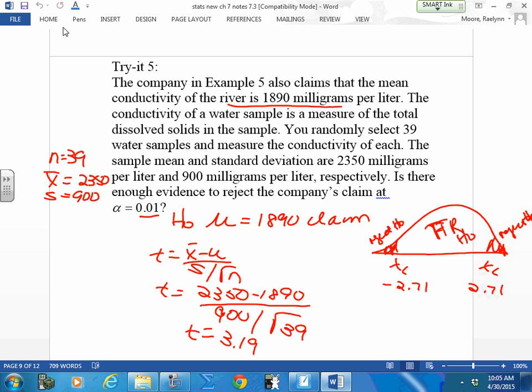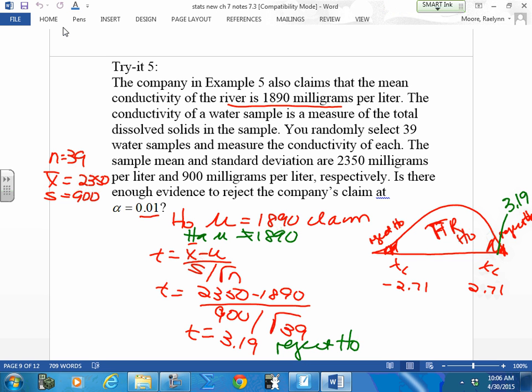So we come here and say, 3.19 falls in your reject H0 region. That means I come back here, I don't like this, and I'll have to go with my alternative: it is not equal to 1890 milligrams per liter. Follow your chart.